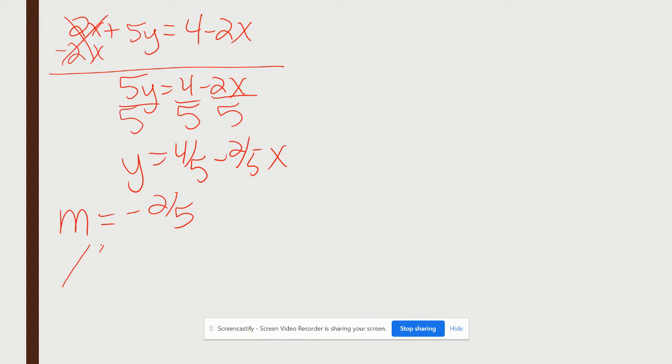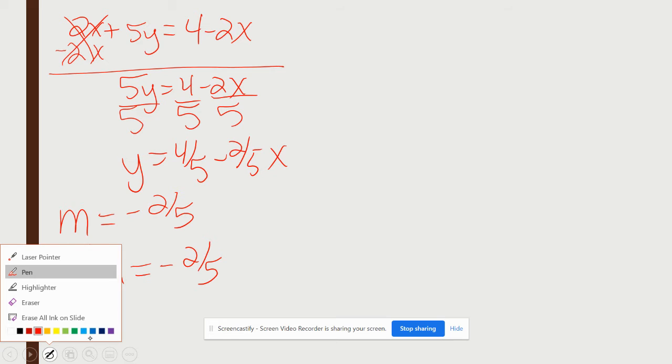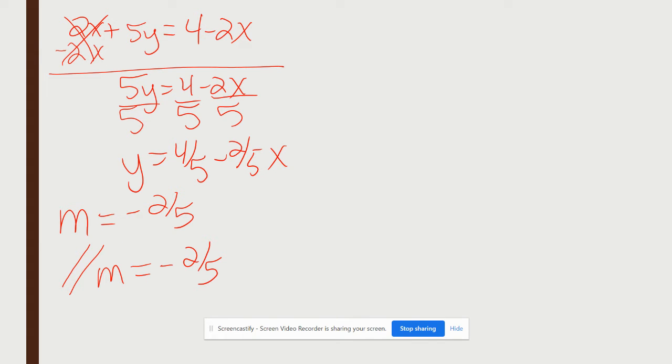Parallel slope, okay, parallel are these sideways lines like this. So parallel slope is exactly the same, which means that would still be negative 2/5. So to find the equation of this line, we start with point slope form.